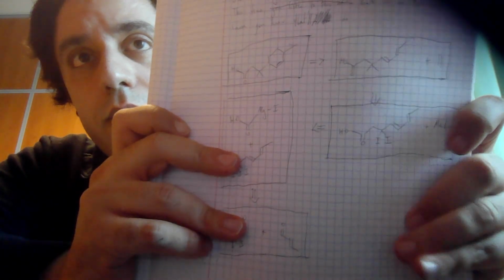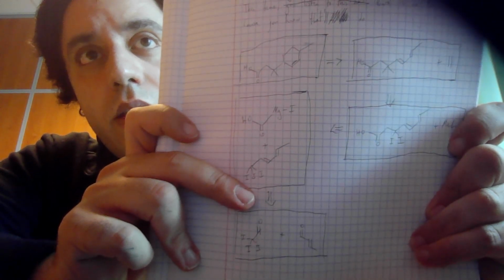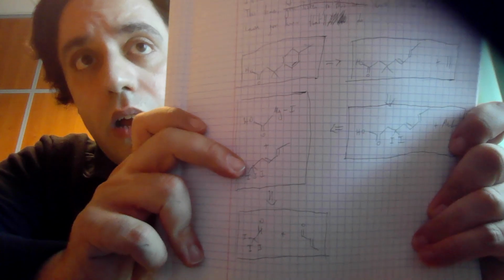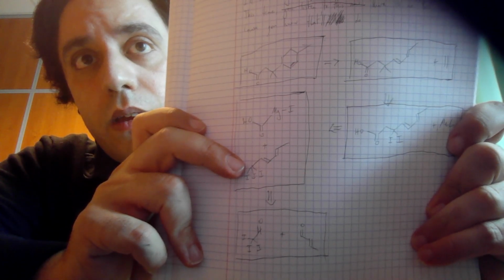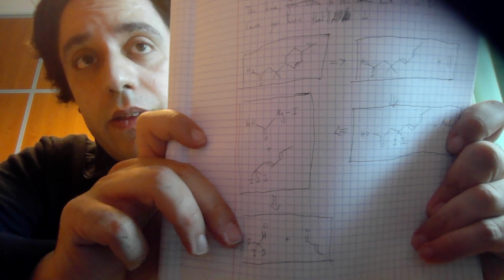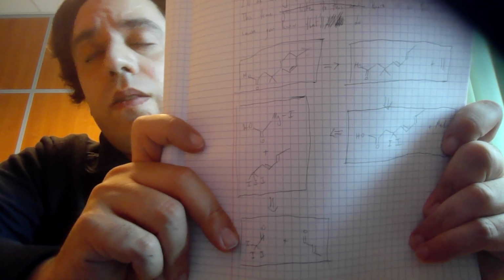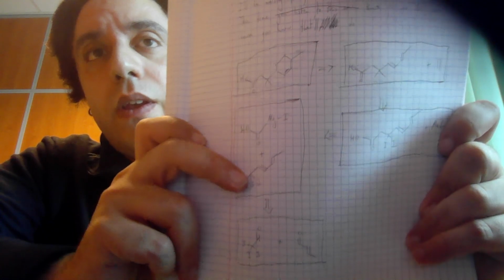So you start out with a Wittig reaction here, and then you have an iodoform. You can make this using formaldehyde and the iodoform reaction.